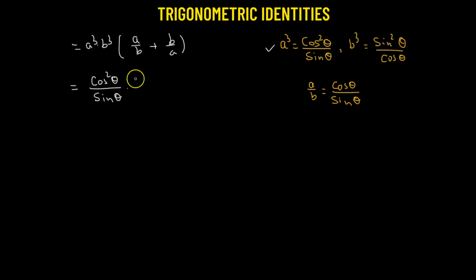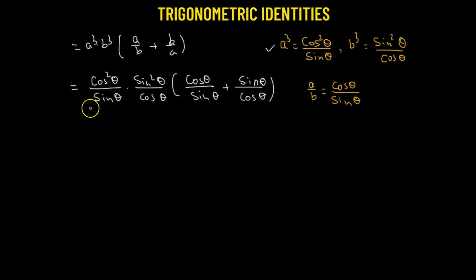In place of b cube, we have sine squared theta divided by cosine theta, whole multiplied by a over b. a over b is the ratio cosine theta over sine theta, plus b over a, which is simply the reciprocal of a over b, so sine theta divided by cosine theta. Now we can cancel out one cosine theta from the numerator and the denominator, and also one sine theta from the numerator and the denominator.